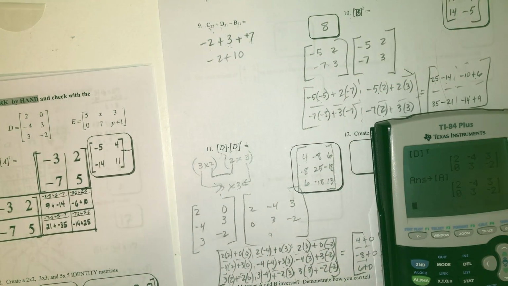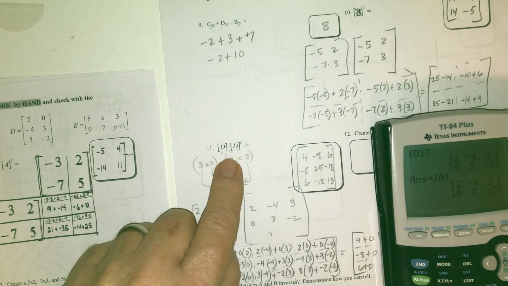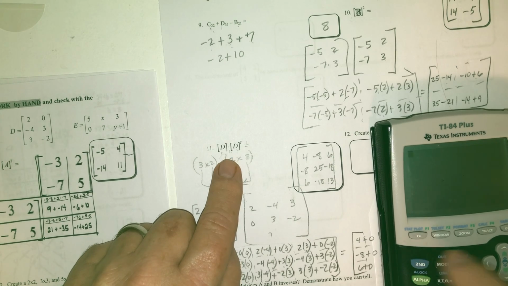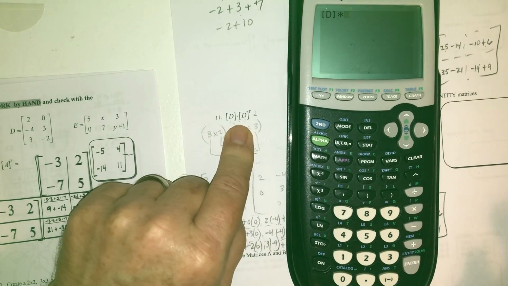I've already done the transpose, so I would just need to do matrix D. There's an implied multiplication, or you can hit the multiplication symbol if you want.